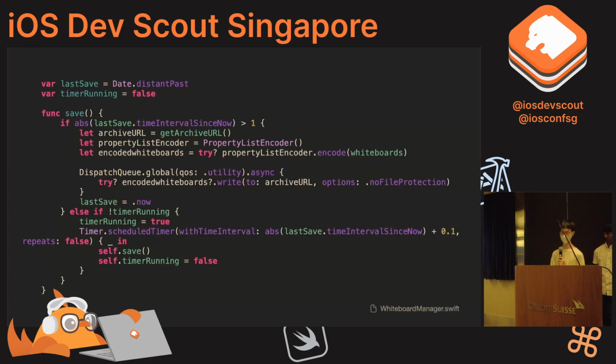So it was causing a lot of lag. And the fix: basically it checks if the last save was more than 1 second ago, it saves. If it isn't, it waits a bit and then it saves, which stops it from continually updating and lagging the whole app.